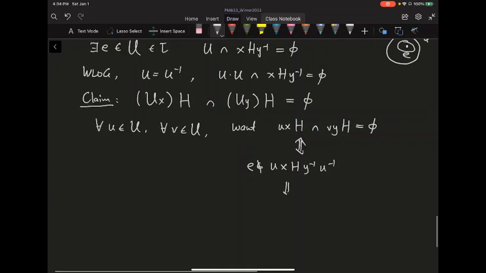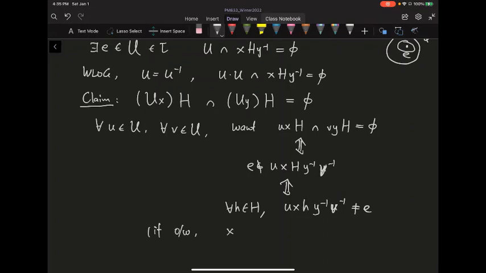Basically that's equivalent to saying for every h inside H, uxh times y inverse v inverse is not going to be equal to the identity. Well, what happens if they equal the identity? Here's a v here. If they equal the identity, then I can move the u and v to the other side.